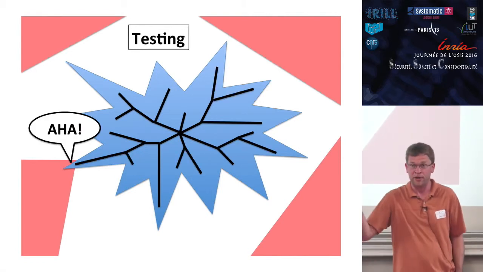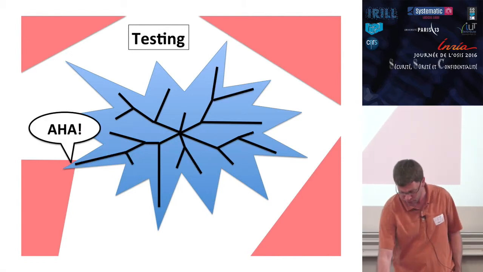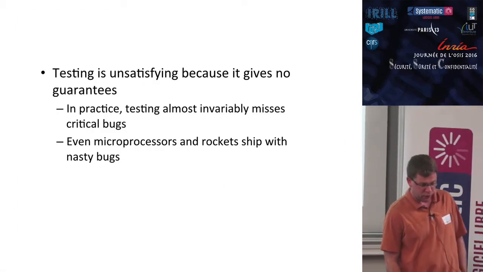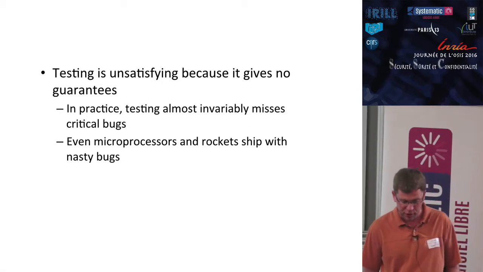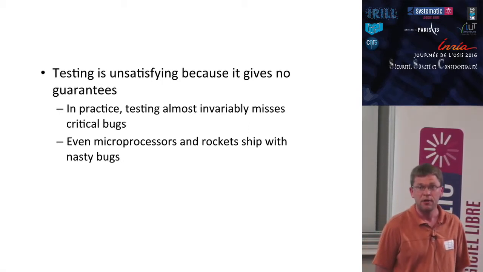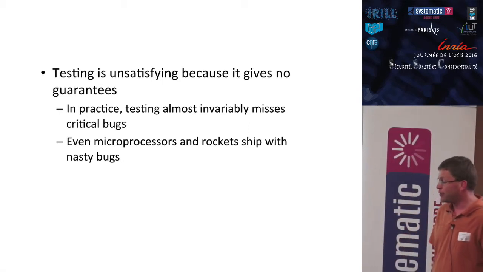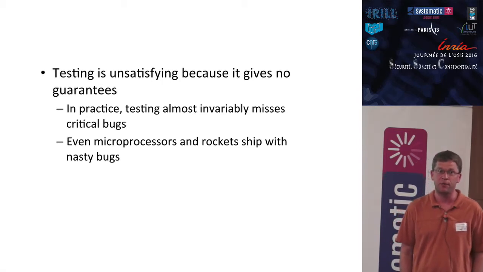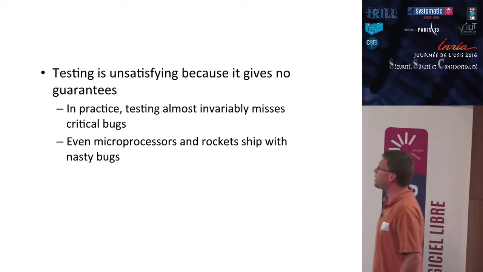Of course testing might eventually find the bug, or it might not. So testing can be unsatisfying, at least from a computer scientist's point of view, because it gives no guarantees. When we test, we might eventually feel good about ourselves because we've spent maybe 2 years testing, but we still don't have any guarantees.